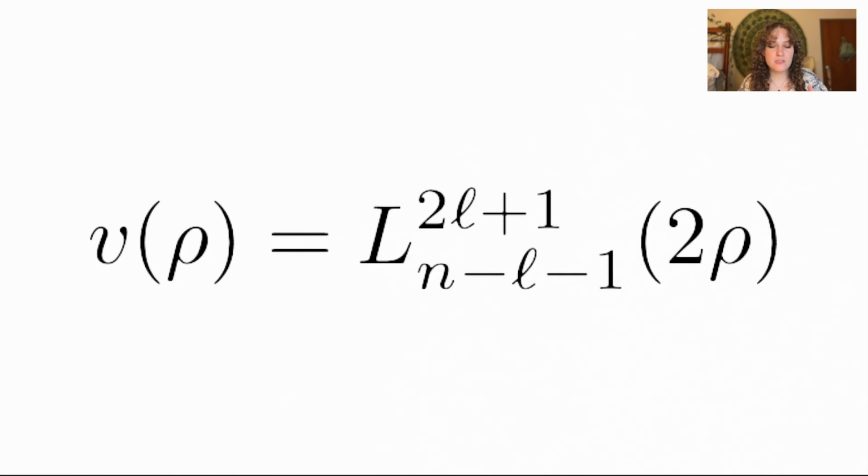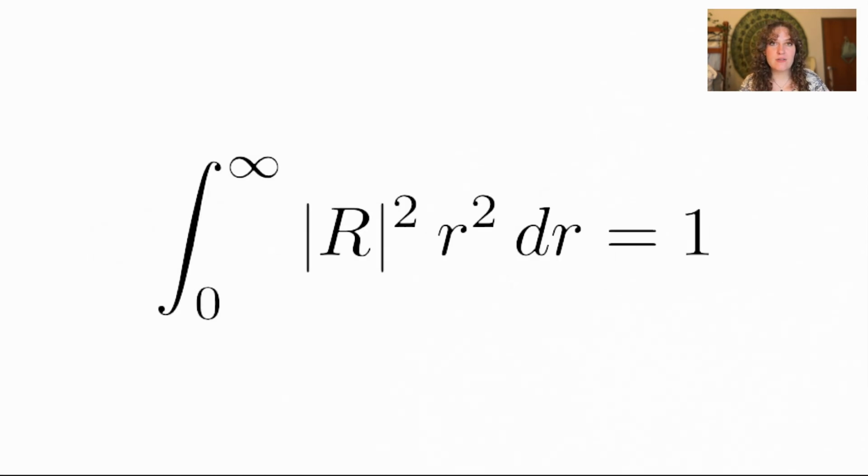The polynomial turns out to be a known function called an associated Laguerre polynomial. I don't know how to say these right. Don't worry too much about the formula, just know that for each pair of quantum numbers n and l, there's a specific known polynomial sitting here.